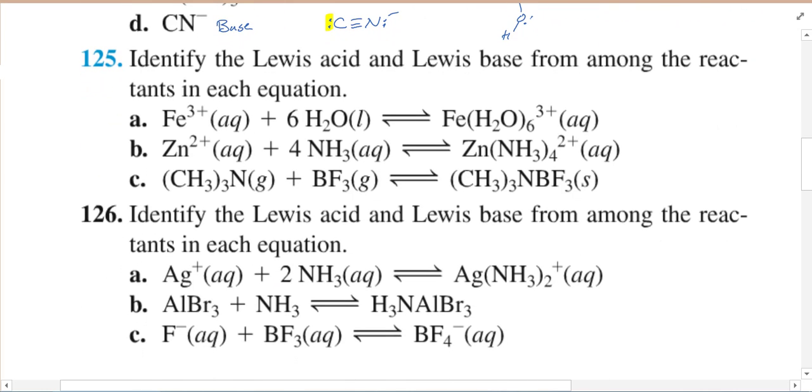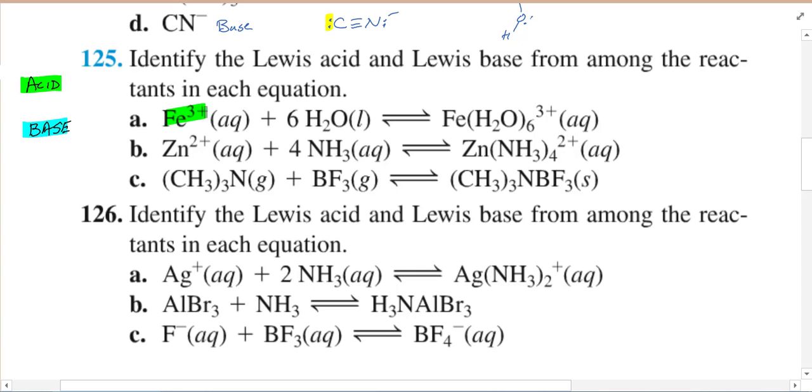125 and 126. Acid. So acid will be green, base will be blue. Acid, base. So, metals. Metals are going to be what? Metals are always acids, aren't they?